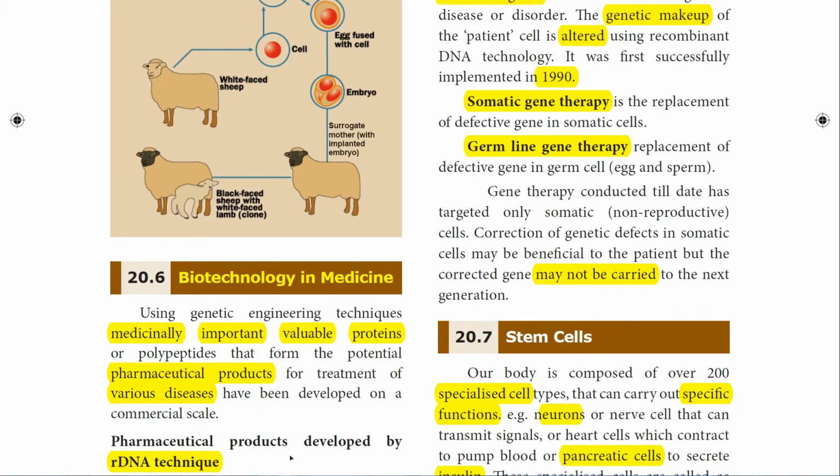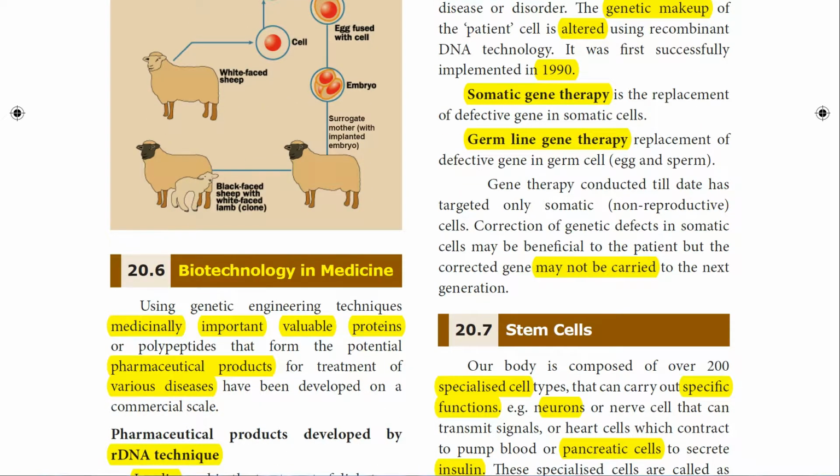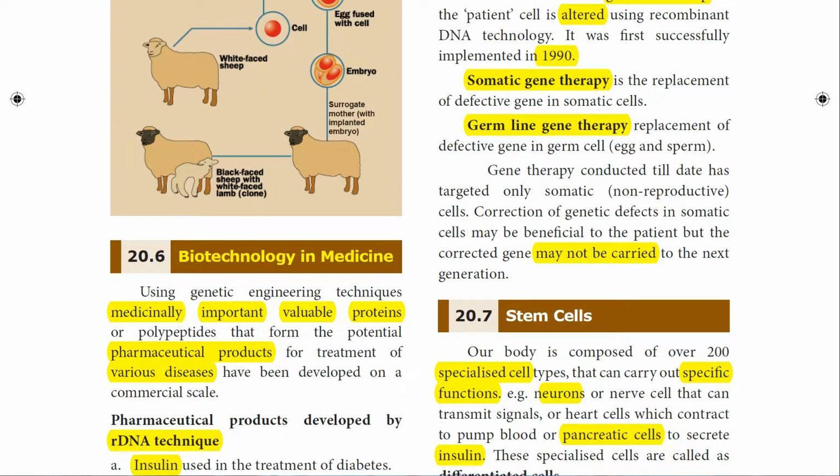Now let us learn biotechnology in medicine. Using genetic engineering techniques, many medicinally important valuable proteins, so proteins are polypeptides, are produced, and these valuable proteins form potential pharmaceutical products.